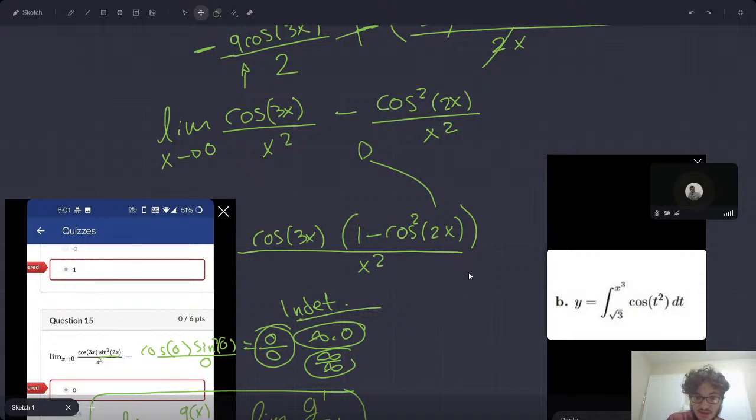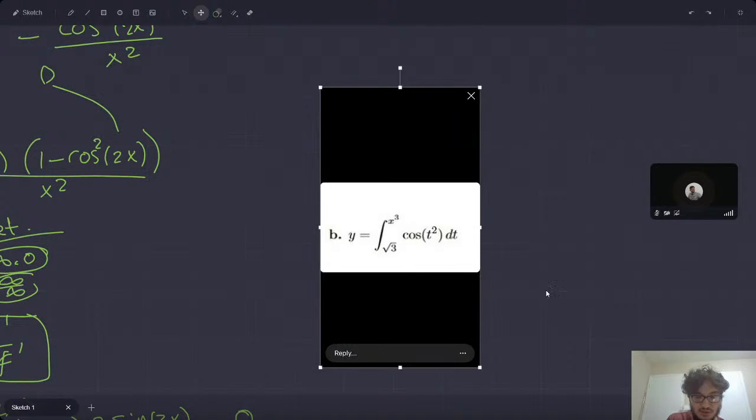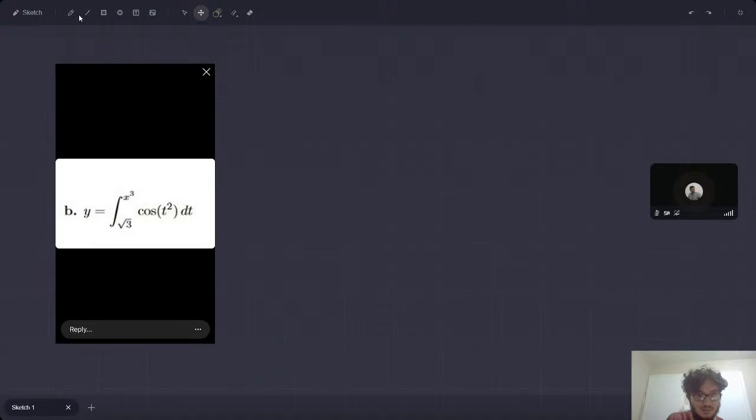Yeah, so let's go to the fundamental theorem of calculus. The fundamental theorem of calculus is very simple. The first part says that the antiderivative of some function is basically the opposite, right? Do you guys remember the first part?